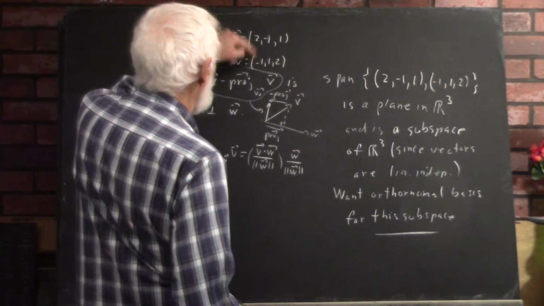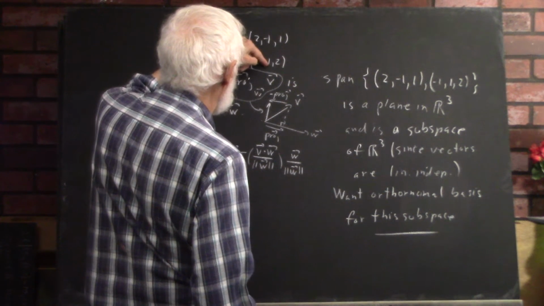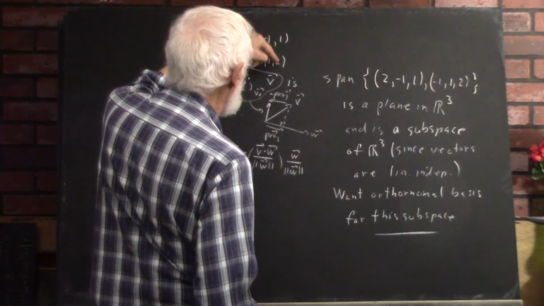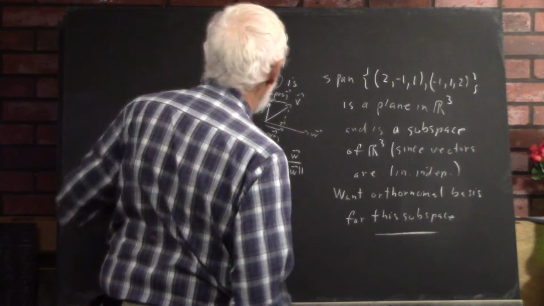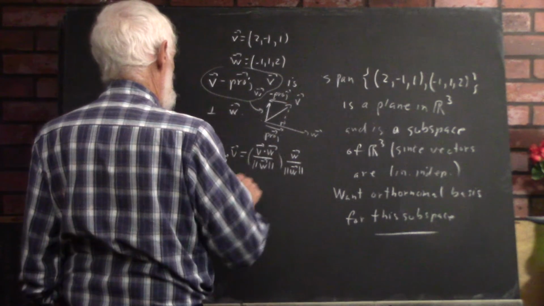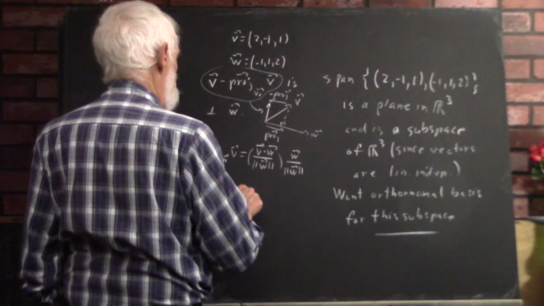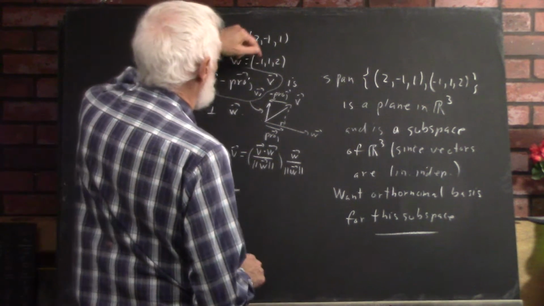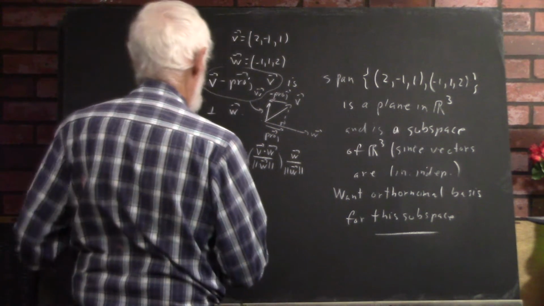You're going to get -2 plus 1, which is -1. -2 minus 1 is -3, plus 2 is -1. So V dot W is -1. And the magnitude of W, square this, add this, is the square root of 6.